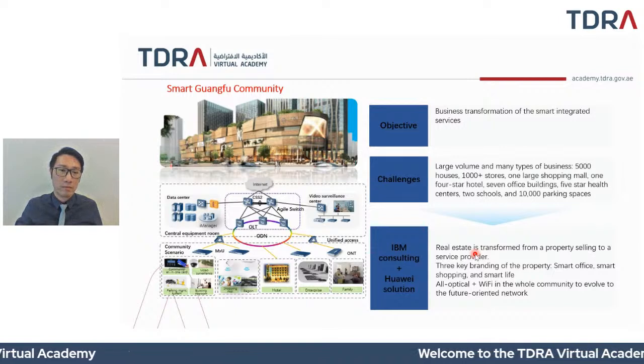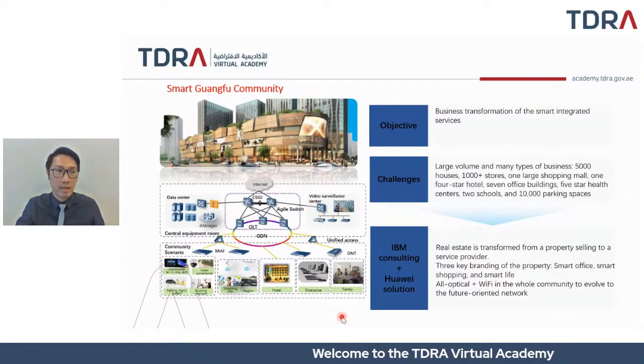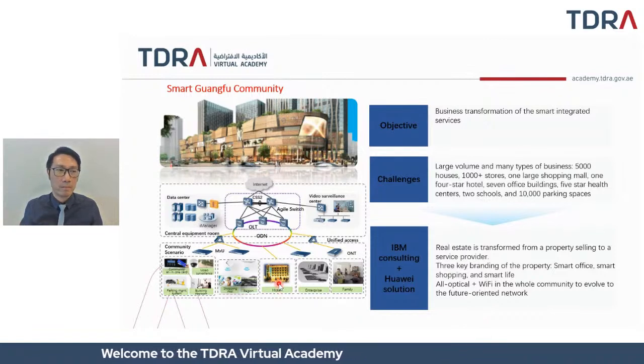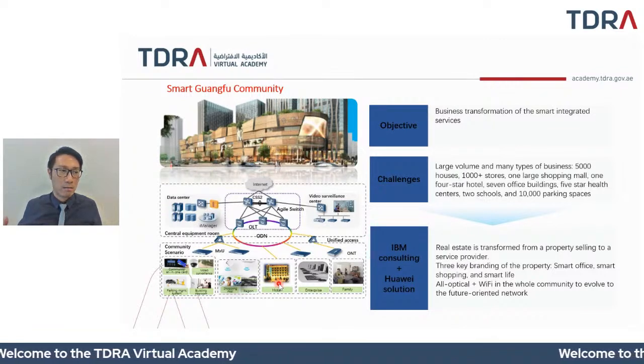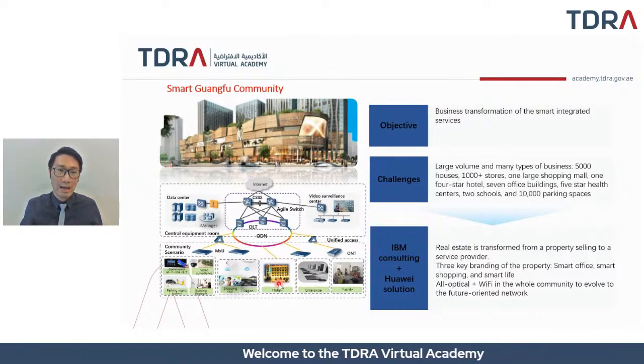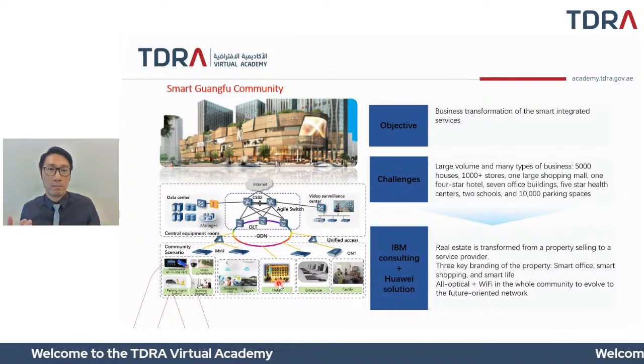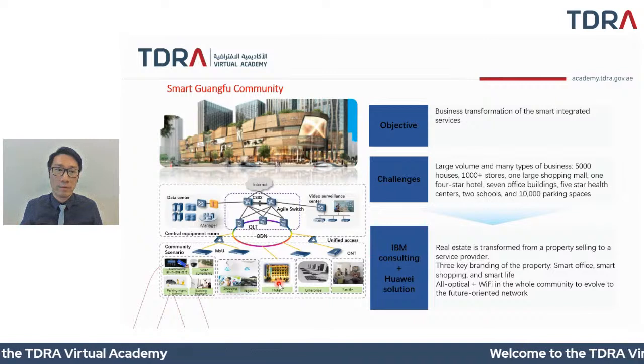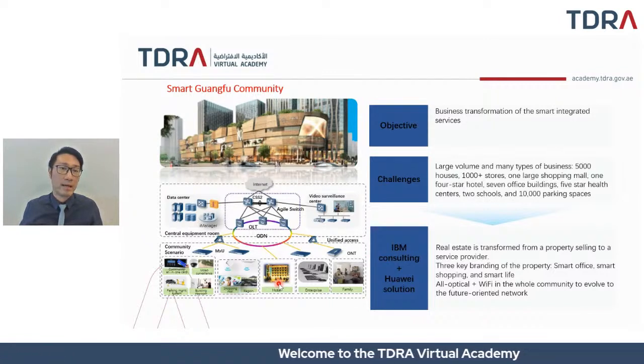For example, if they want to make some of the rooms into Airbnb, you can connect to the platform and immediately convert the door to a digital door, a digital lock, and you can control the person entering the property. Everything will be controlled through the network and is very intelligent for management.